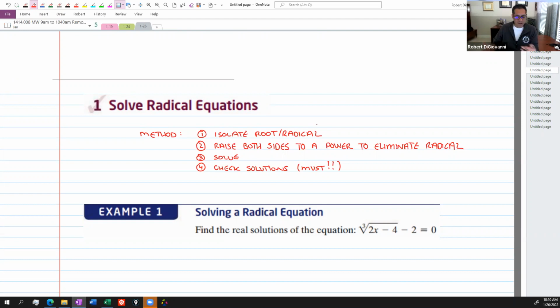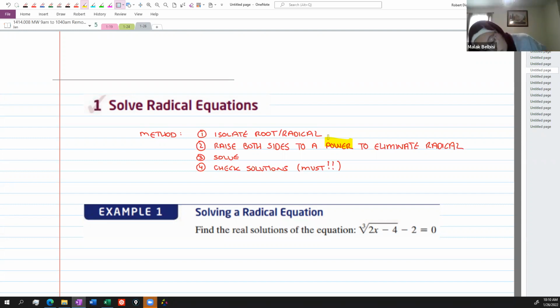Once you do that, the second step is to raise both sides of the equation to a power that will eliminate the radical. So if the radical is a square root, you're going to square both sides. If the radical is a cube root, you're going to cube both sides. If the radical is a fourth root, you're going to raise both sides to the 4th power.